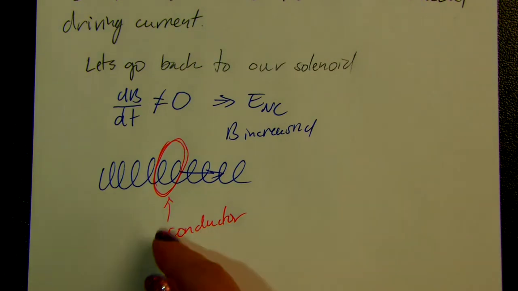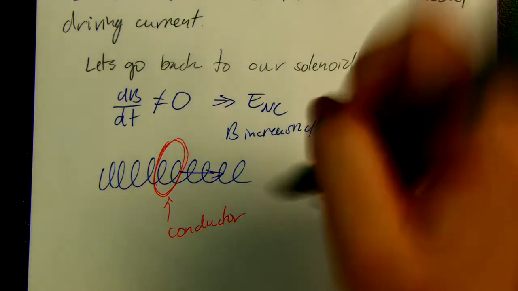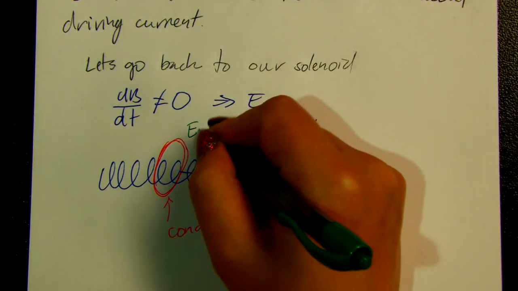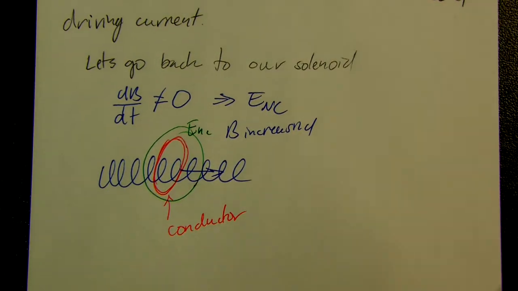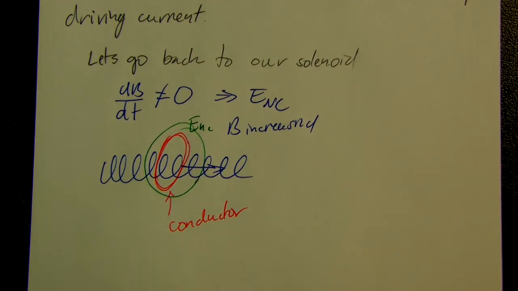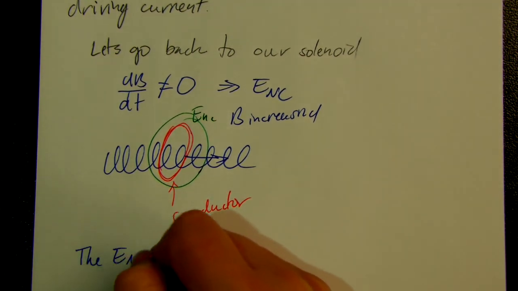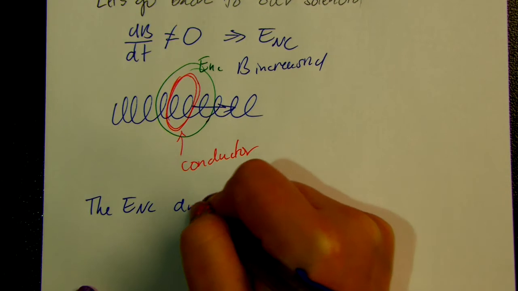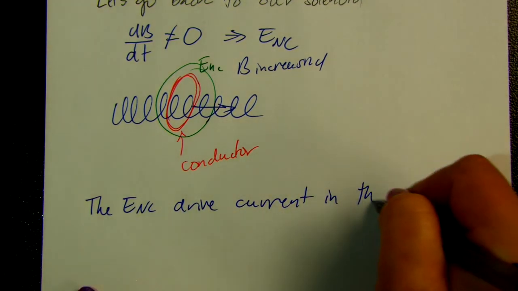So we know that there's an electric field that is around this solenoid, so there is an ENC going around, and this electric field will drive a current in this ring. So the ENC drives current in the ring.